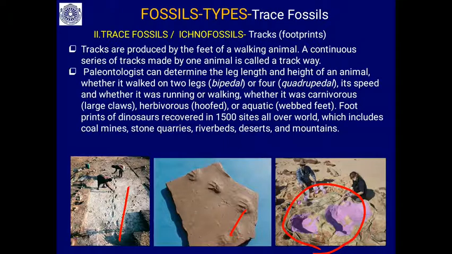You can see whether they are hoofed, or if they are aquatic, webbed feet. Footprints of dinosaurs have been recovered in 1500 sites all over the world, which includes coal mines, stone quarries, riverbeds, deserts and mountains. So, footprints of these ancient animals that have been recovered are called tracks.